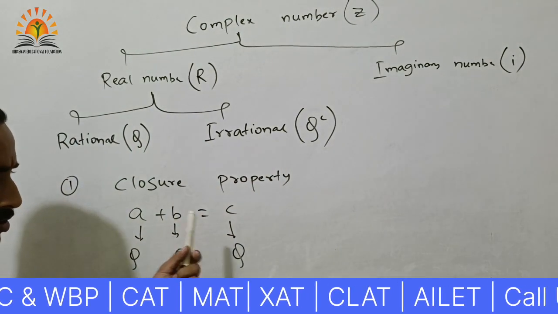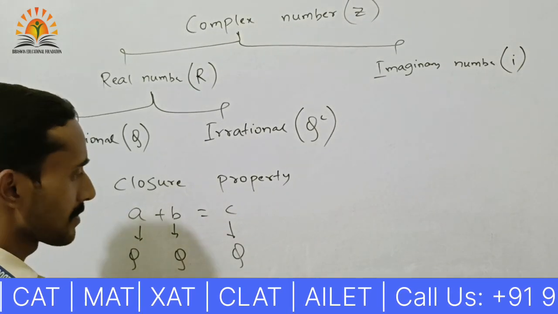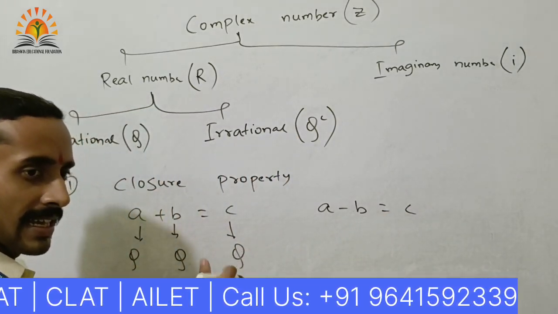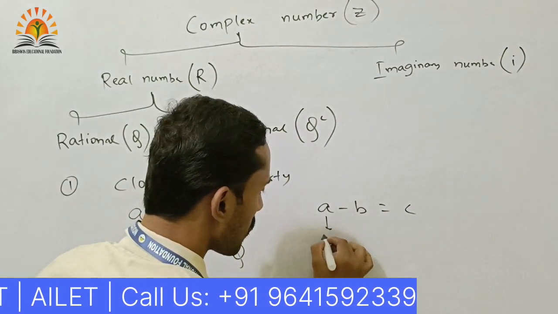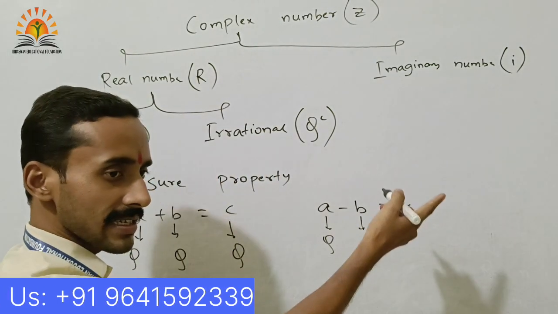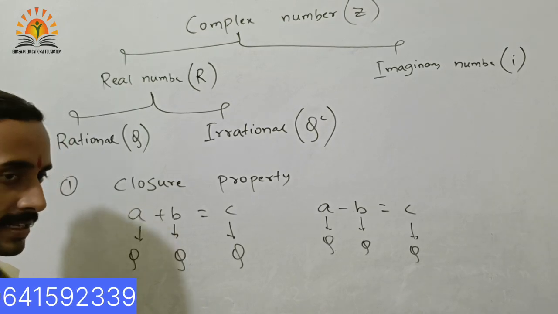Now what about subtraction? a minus b equals c. Yes, because if you subtract two rational numbers, it always gives a rational number.